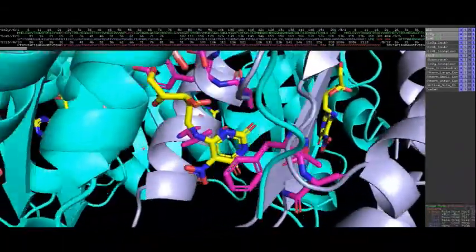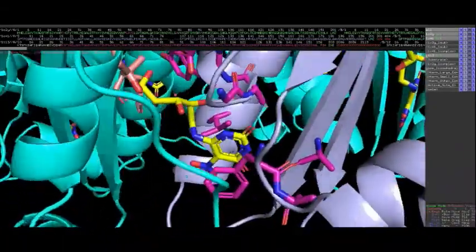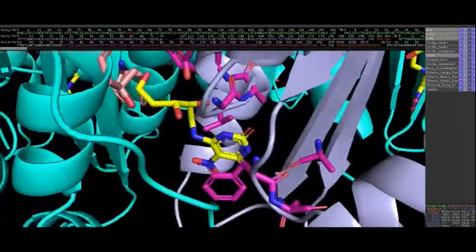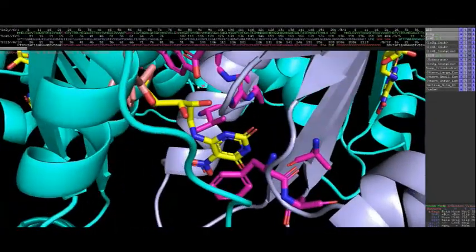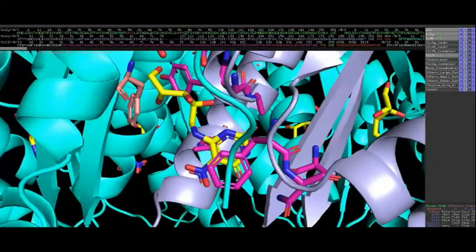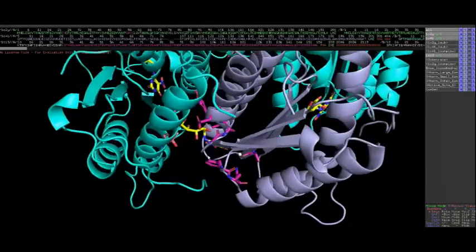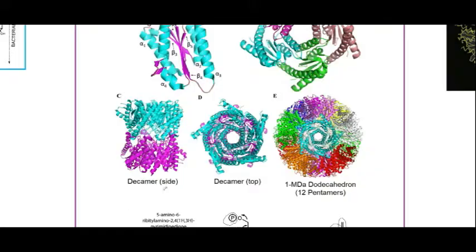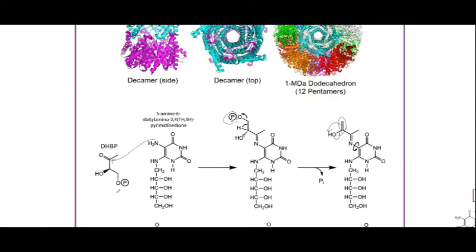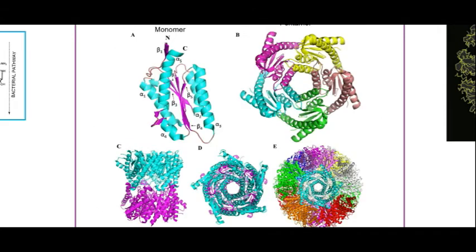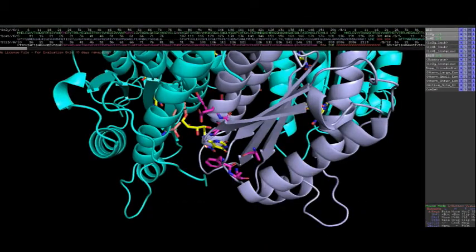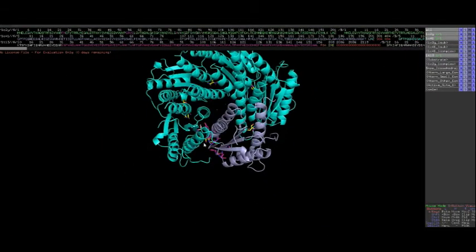I don't think I went into too much detail with what the residues are, but we can see how that fits into the active site, which is at the interface between two of the monomers. And so, like I said, this is a pentamer right here.